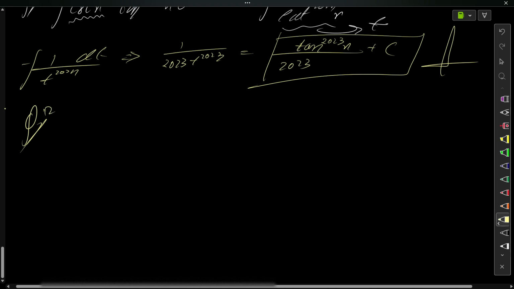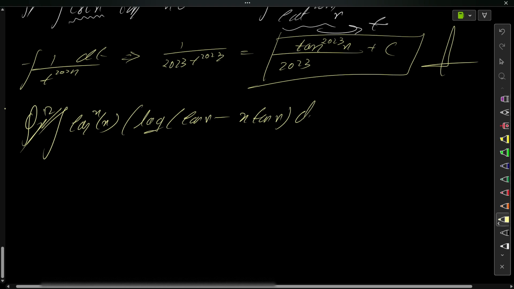question number 12. It was asking for the integral of cos x whole to the power of x, times (log of cosine x minus x tan x), with respect to dx. As I can see there, one important thing is that this cos x to the power x is of the form f(x) whole to the power g(x), right?